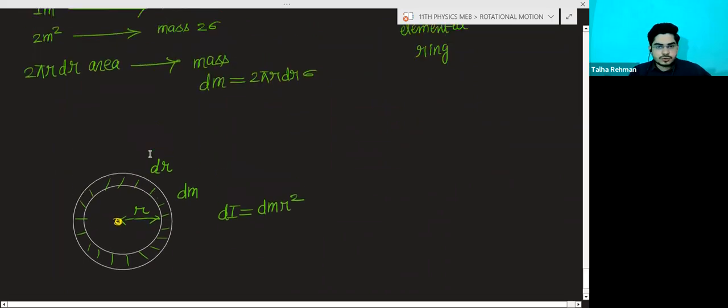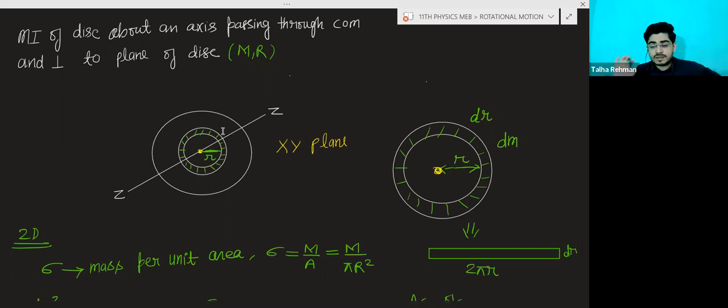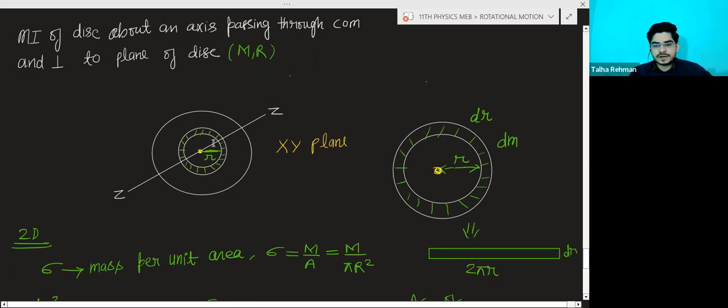Okay. So you have just calculated the moment of inertia of this small elemental ring. If you add an infinite number of elemental rings, then you will get a disk.